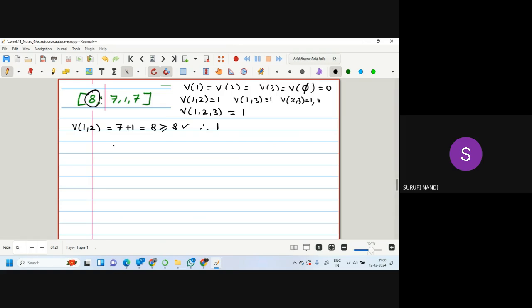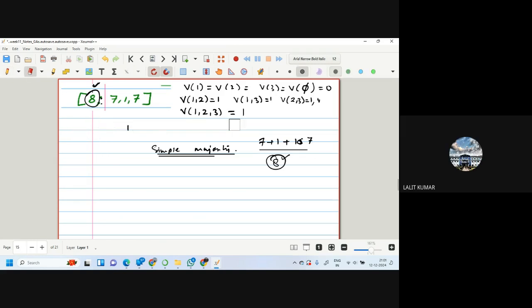That 8 is provided in the question, that is the cutoff. Or in the question, Surupi, they can also give you simple majority. If they don't give it, in this case 7 plus 1, 8 plus 7, 15, so to win you have to obtain 8 votes.